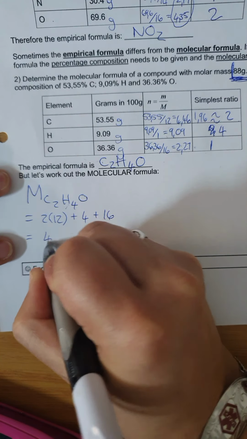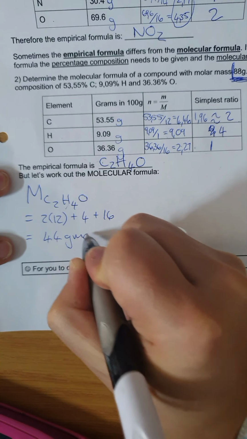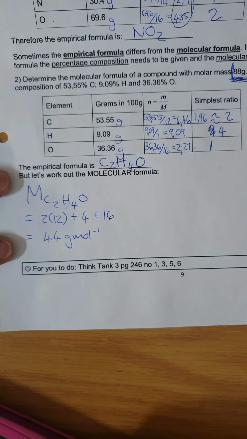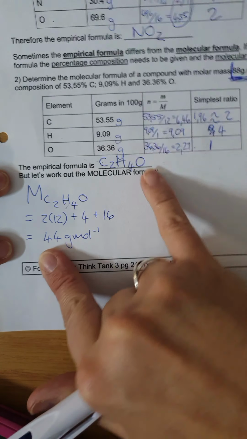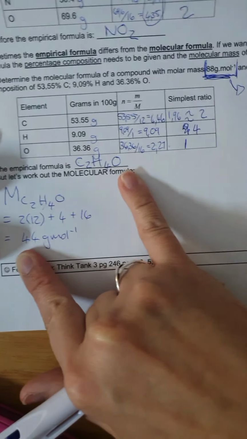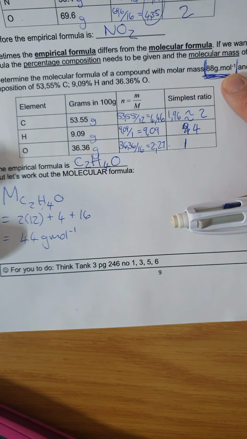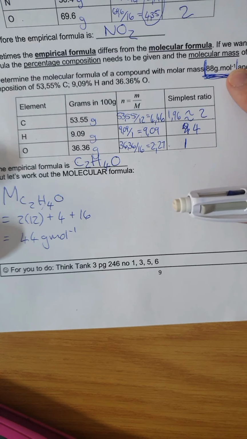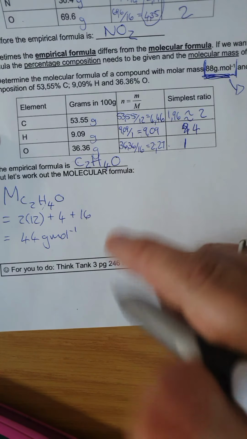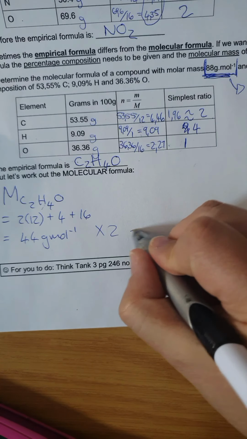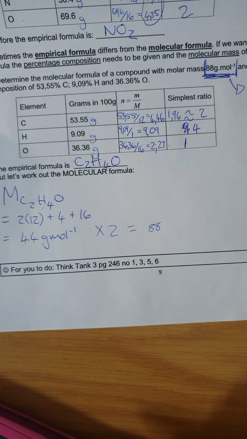Now I know this from before, and I get 44 grams per mole. Problem, hey? Because my empirical formula has a molar mass of 44 grams, but I know that the real molecule has a molar mass of 88. So what can you see here? If we times that by 2, we'll get the 88, right?